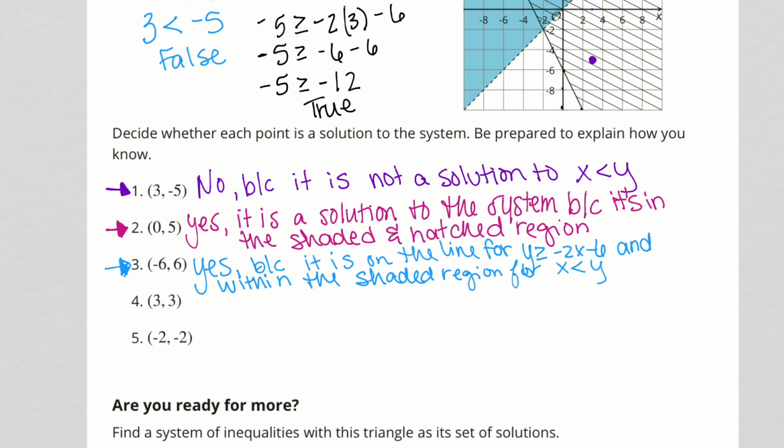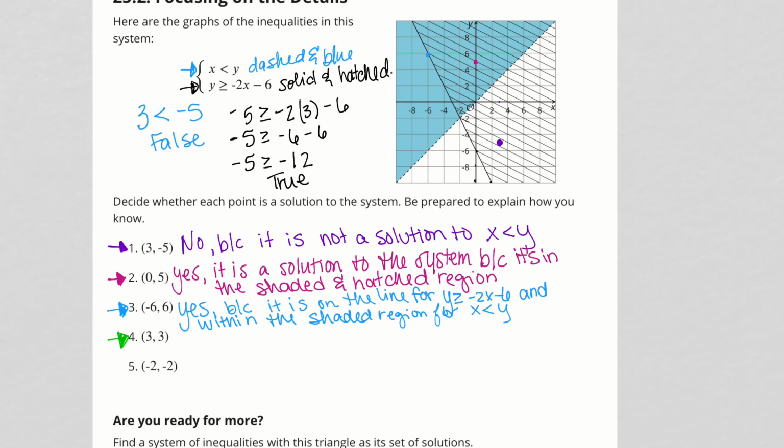All right, number 4, let's do a greenish color. Okay, 3, 3. It's going to be about right there. Are you sure?